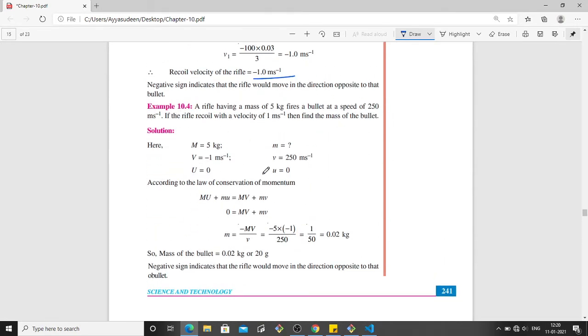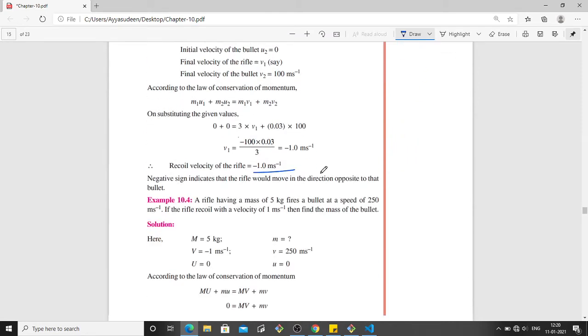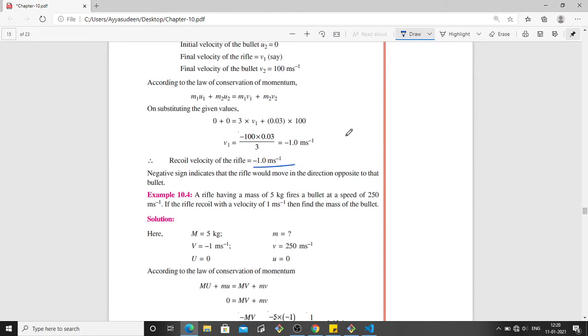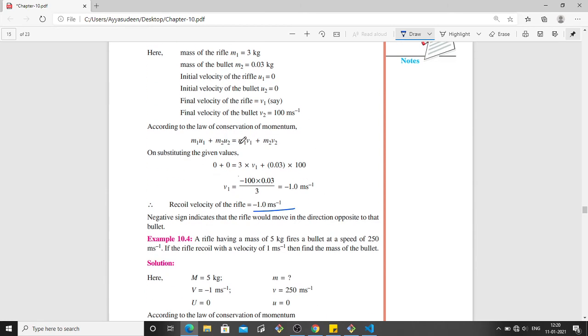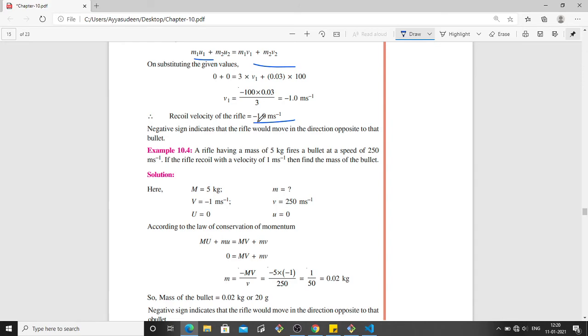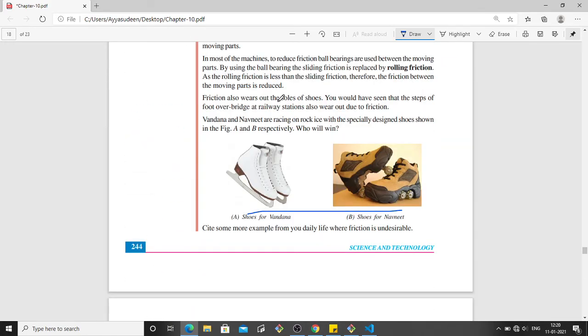Then you can solve it yourself because we saw the formulas in the previous topics. You just have to read the given details, apply the formula and find the solution. That's it. So you have to put in your efforts. Otherwise, it is very difficult.